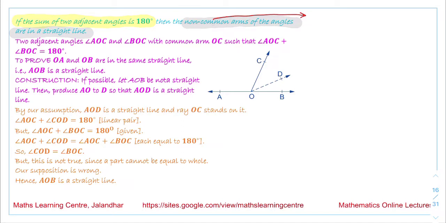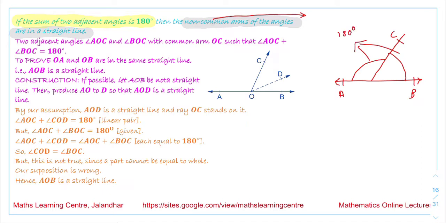So what we are talking over here, suppose we are considering two adjacent angles. This is A, this is B, and this is C. We are talking about these two adjacent angles, and we are saying the sum of these two adjacent angles is 180 degrees.